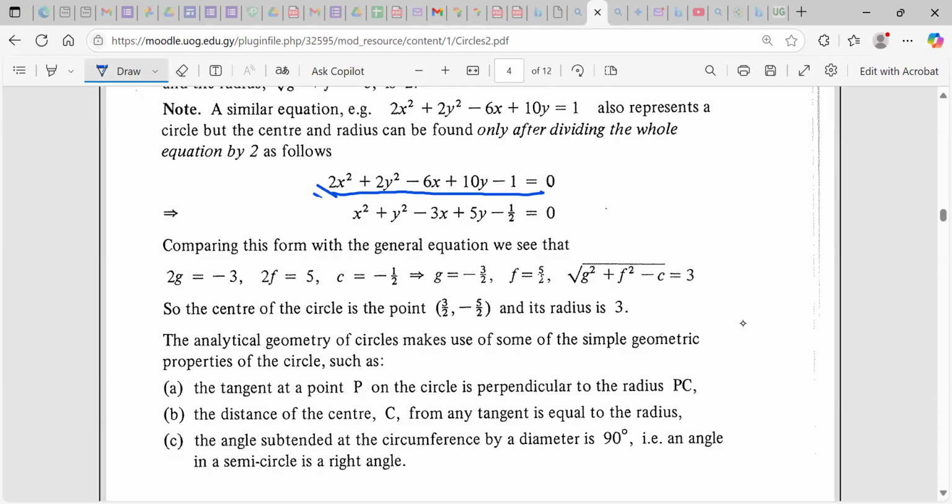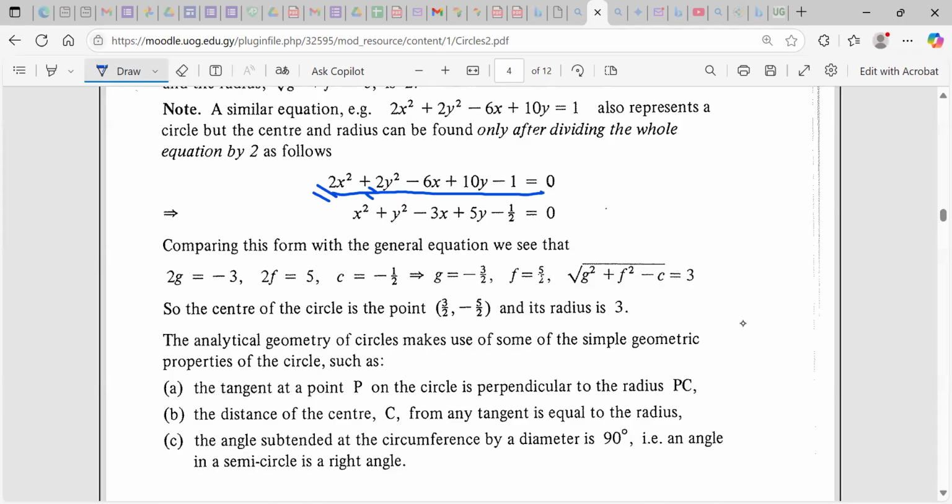Why it looks a little different. There's a two there, there's a two there, but it can very well be a circle, right? And we talked about the equality of the coefficients of x square and y square. There's a plus between the two. All of those are telling details that this seems to be a circle, right?